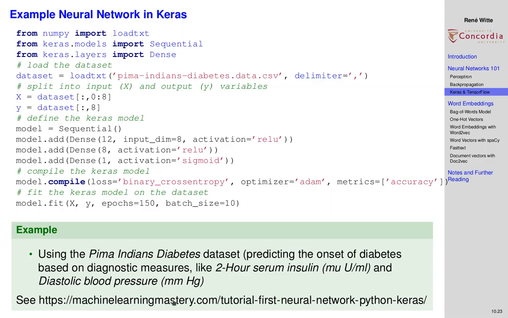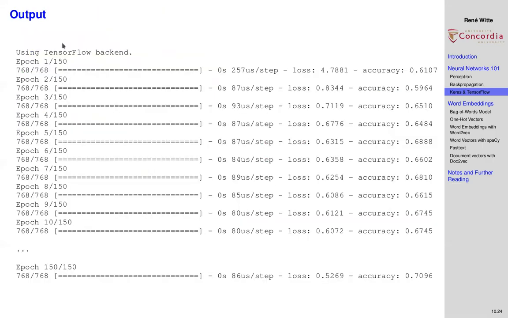This one here I took from an example that you can download and also try out. This is a very simple network. You don't need any fancy hardware to be able to train and run this. When you run it, you can see it's going to go through all of these epochs, and in each epoch, we go through all of the 768 training samples.